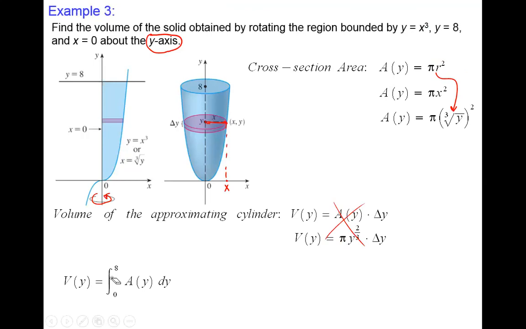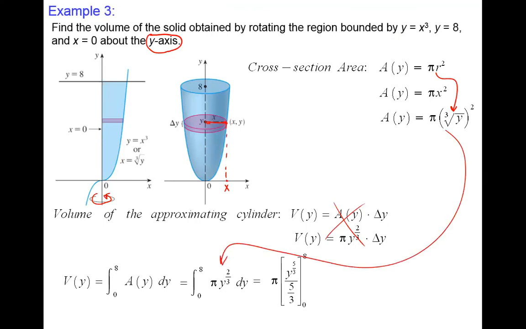Now please note the rotation with respect to y, integration with respect to y, from 0 to 8, because that's my slicing, those are my discs, cross-sectional area with respect to y. And I'm just substituting this. Pi is the constant. I applied my power formula.